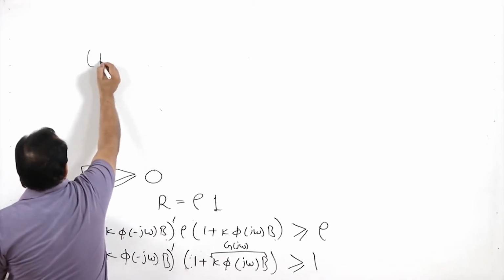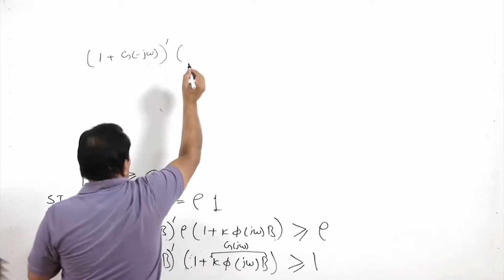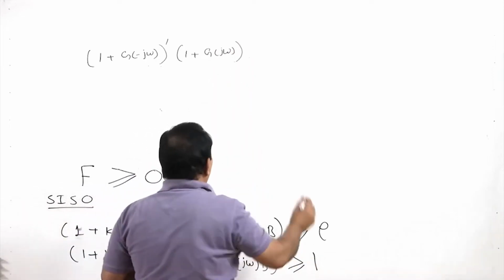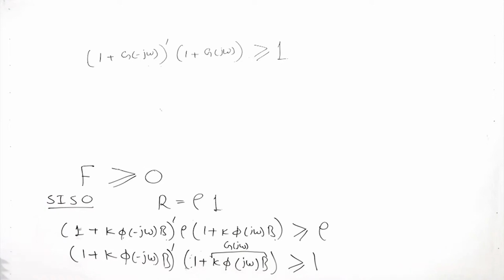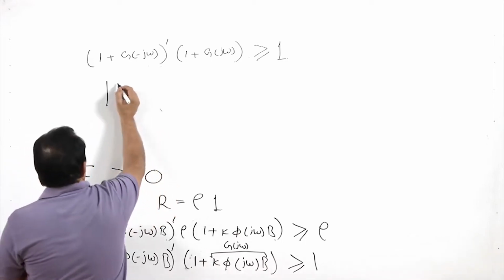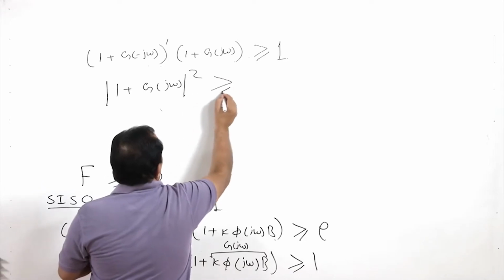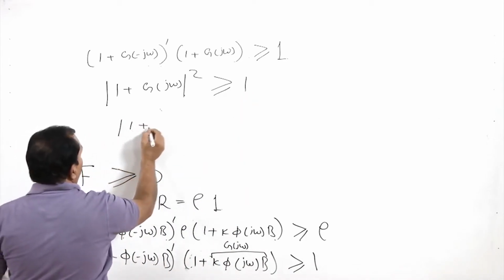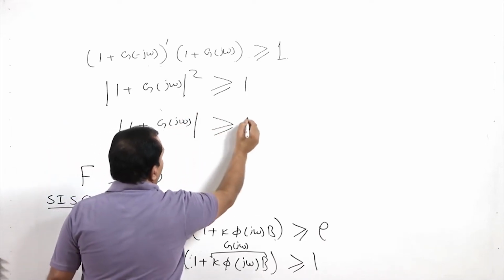So, I can write this as (1 + G(-jω))' multiplied with (1 + G(jω)), and this is greater than or equal to 1, or in terms of magnitude I can write |1 + G(jω)|^2 is greater than or equal to 1, or I can write |1 + G(jω)| is greater than or equal to 1.